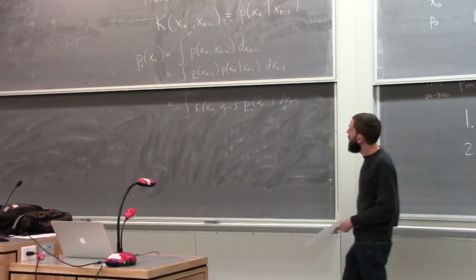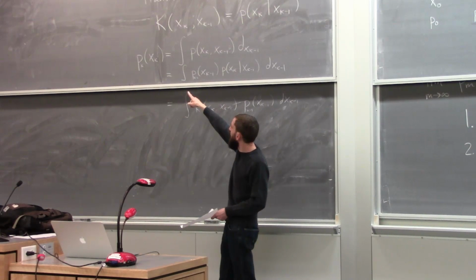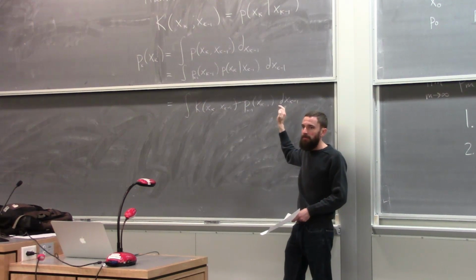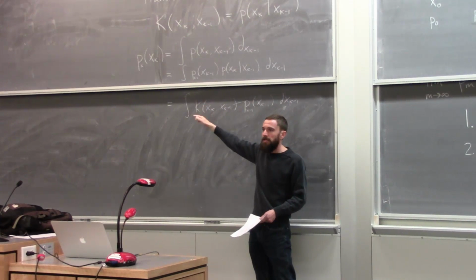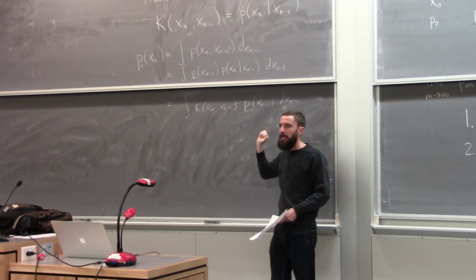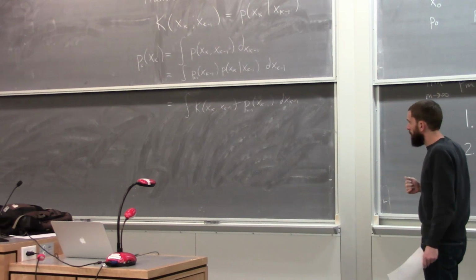Okay, so now our step looks like you take, to get to the xk PDF, you do this multiplication followed by integration. This is basically the continuous version of matrix multiplication. And so if you think about this, this is a linear operator.